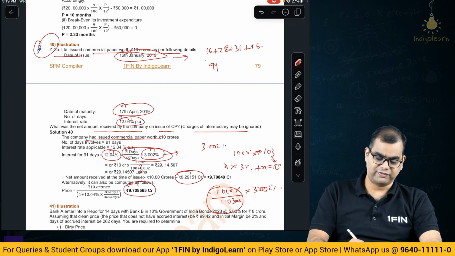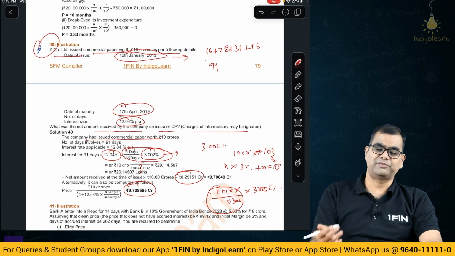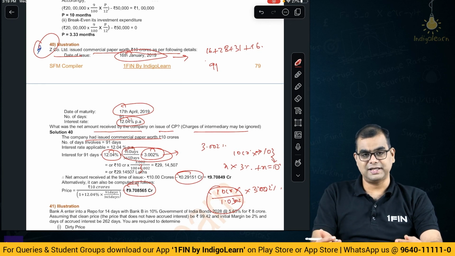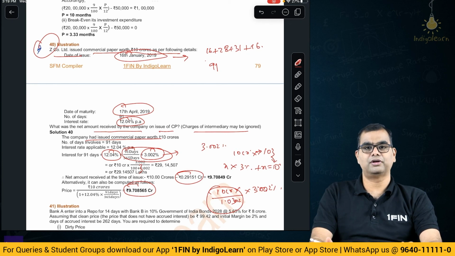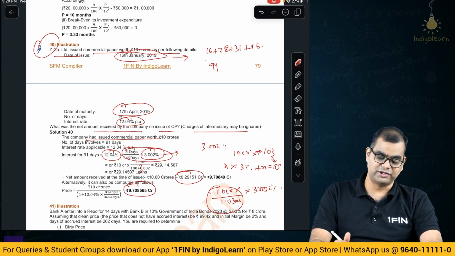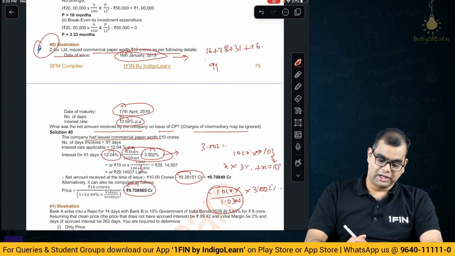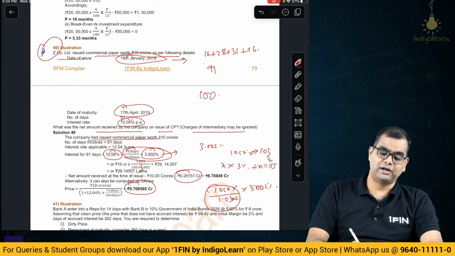Okay. So, the easiest way is, the CP that you are getting is after subtracting the interest value, and the interest rate is 12.04. So, 100 what you are paying out is equivalent to 103. Okay, is equivalent to 103.